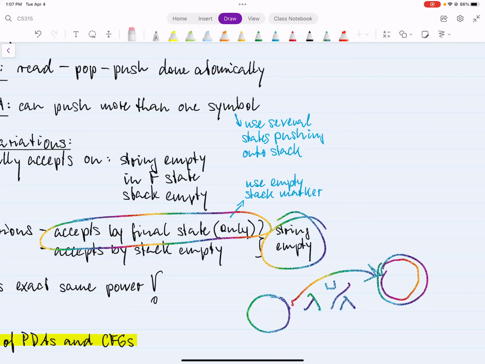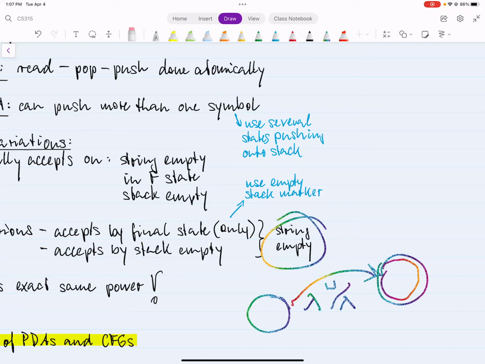So that way we make sure that we empty the stack. We can only reach that final state if the stack is empty, without explicitly checking for the stack to be empty, okay? Which is kind of cool.